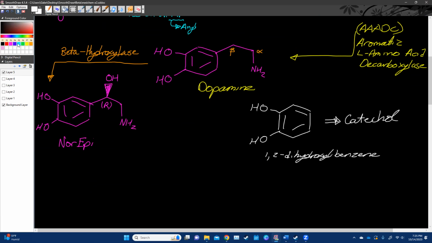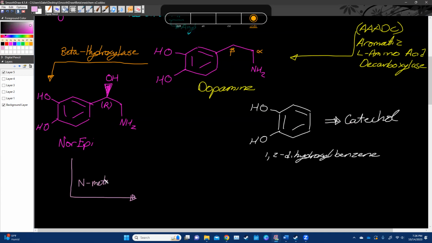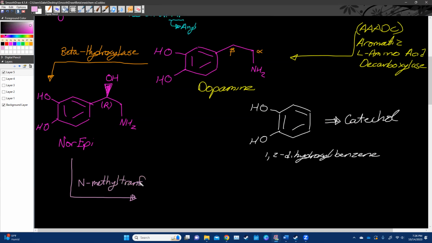The last part of the synthesis that you need to be aware of is what happens in the adrenal medulla, where norepinephrine goes through an enzyme called N-methyltransferase.